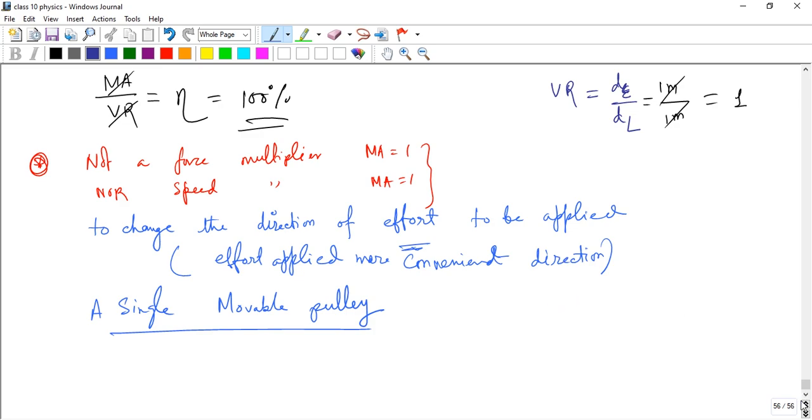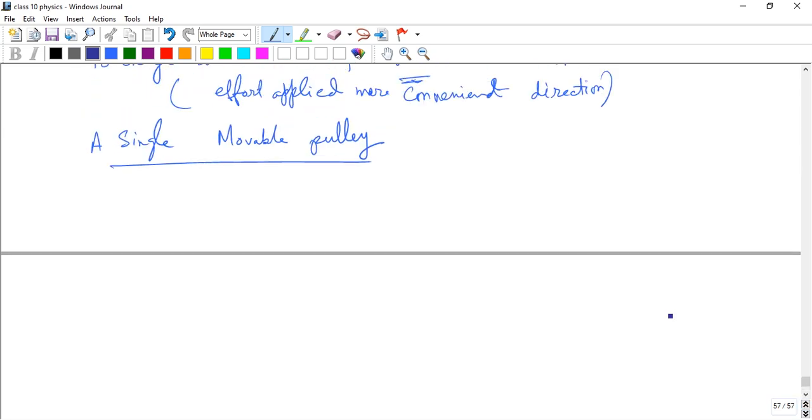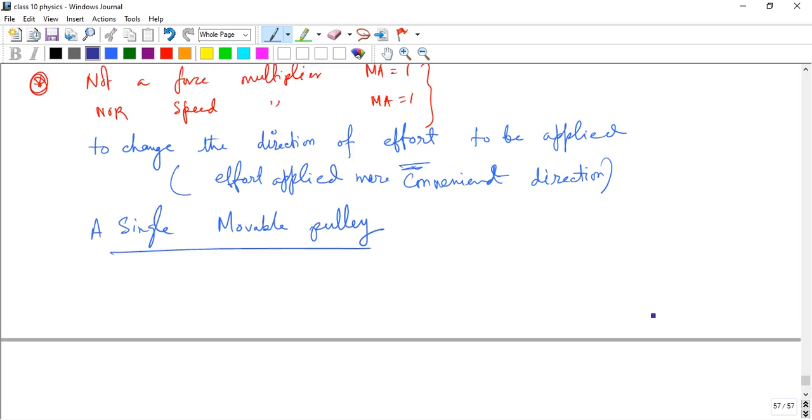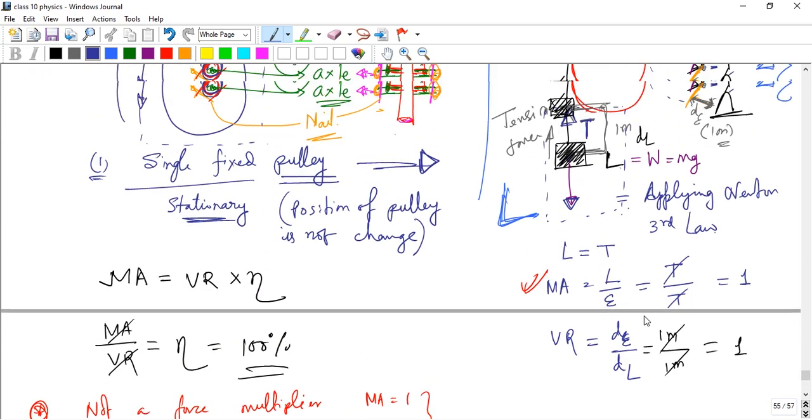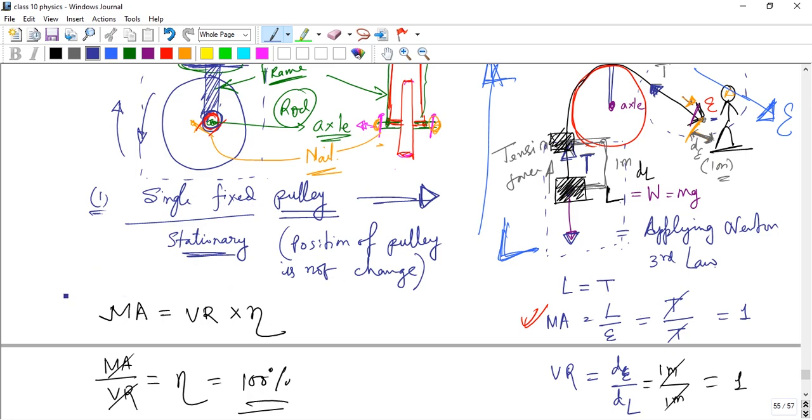So what is a single movable pulley here? First we try to draw a diagram. The pulley here has a movable axis of rotation. Actually, the key point is that the axis of rotation is fixed.